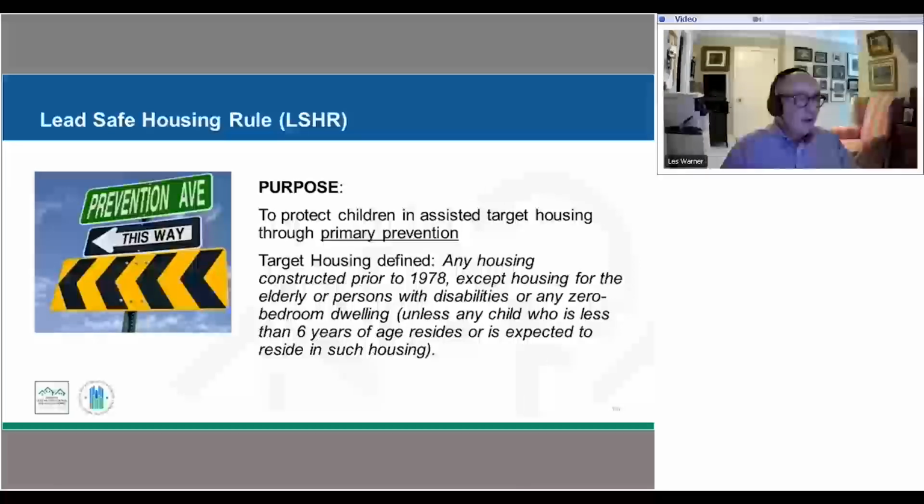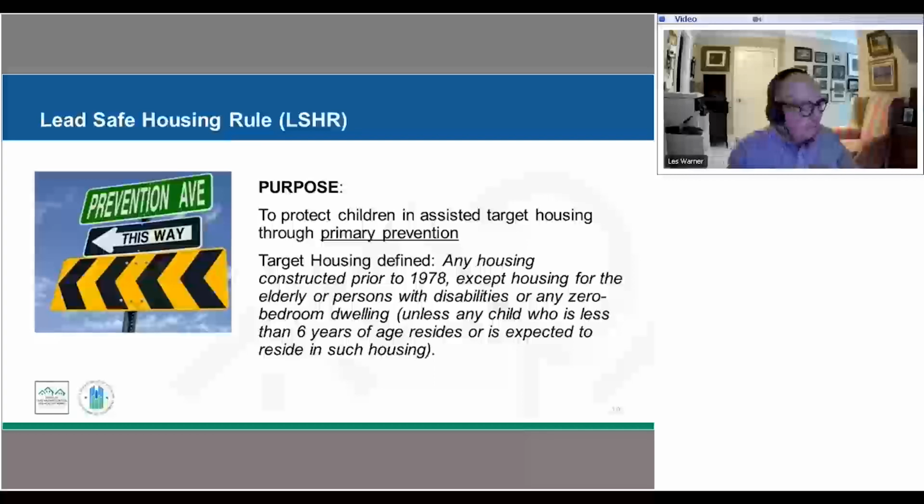And so as we talk about exceptions going forward, we may have housing that was built in 1978 or more recently, and that ends up being exempt because it's not part of our target housing. But we'll also be talking about an exemption for housing that is specifically for elderly or persons with disabilities.